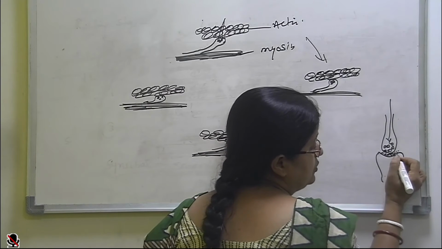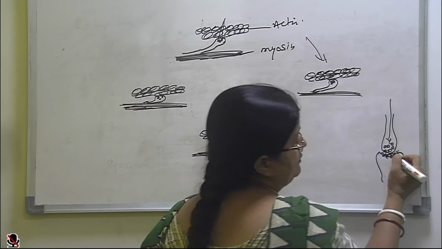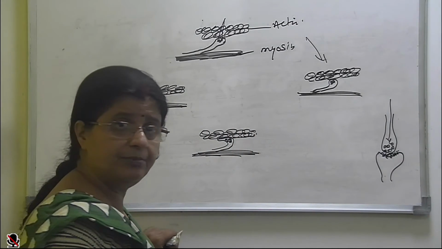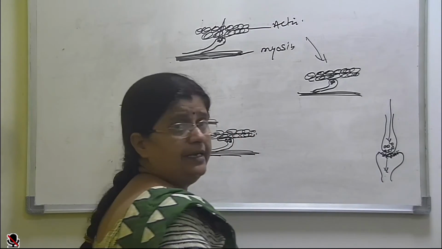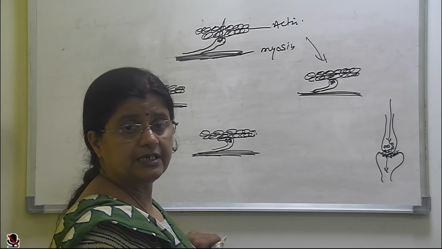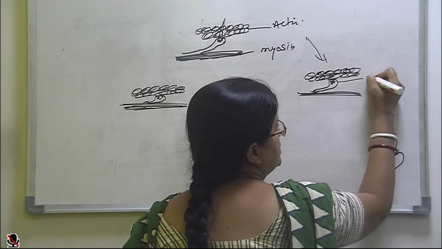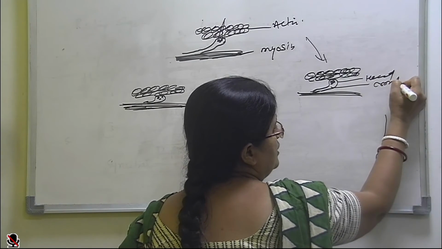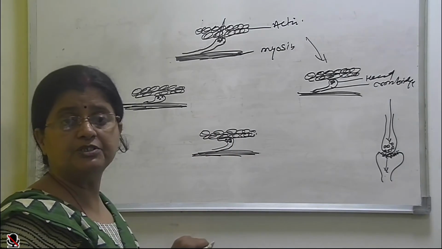And this acetylcholine causes the activation of the action potential, that is, it opens the sodium potassium channels and there occurs transmission of the impulse, right? So the muscle contracts. Now this actually forms the cross bridge. You see, this is the head and this is forming the cross bridge, right?